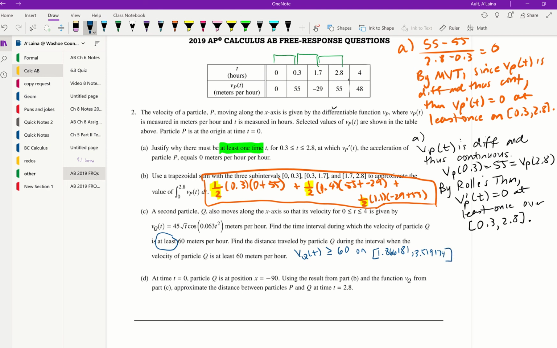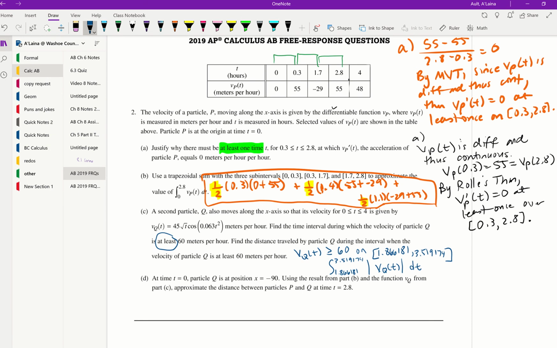What they want me to do is find the distance the particle travels on that interval, so total distance is implied here. I will be finding the distance by doing the definite integral from 1.866181 to 3.519174 of the absolute value of the velocity of q over time, |v_Q(t)| dt.